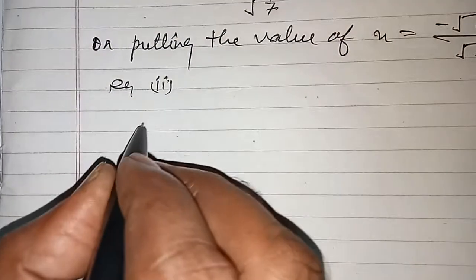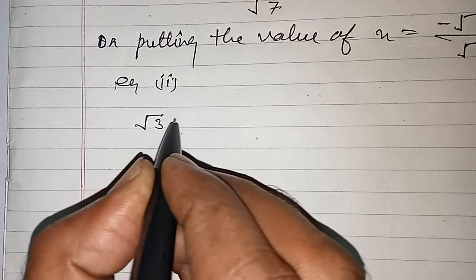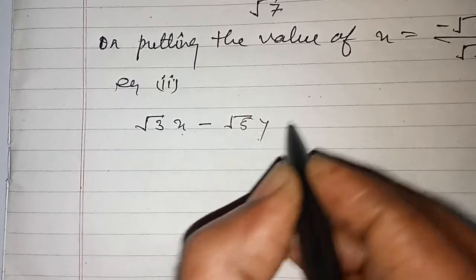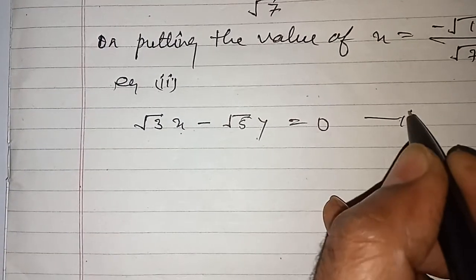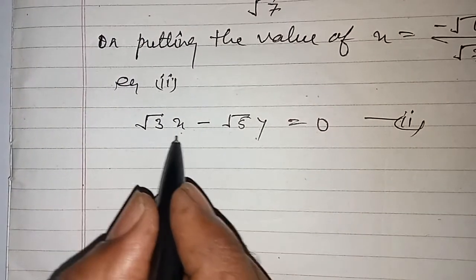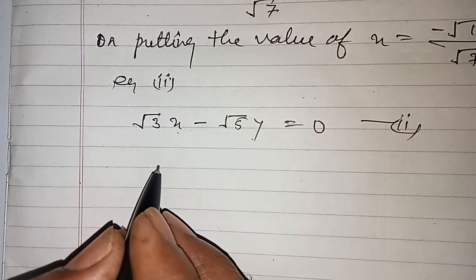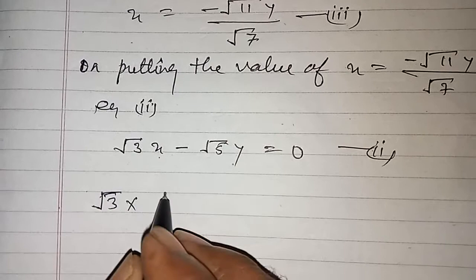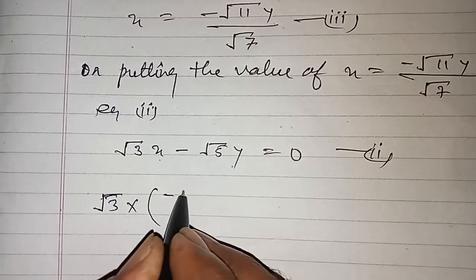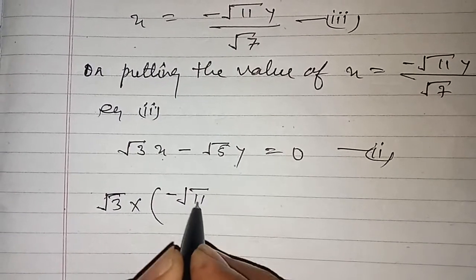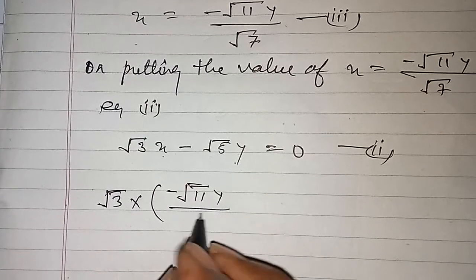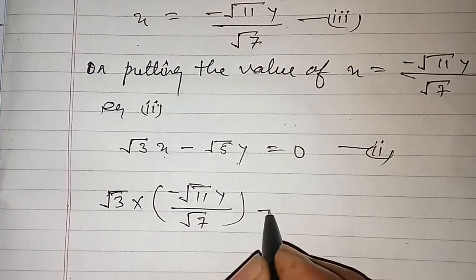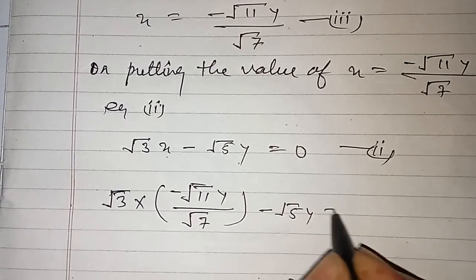Second equation is root 3x minus root 5y is equal to 0. At the place of x we write minus root 11y upon root 7. So root 3 into minus root 11y upon root 7 minus root 5y is equal to 0.